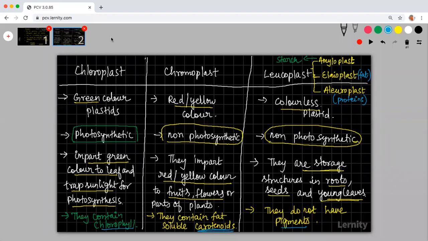Red, blue, and green are the 3 major colors. Proto means something primitive. Plastid means plastid. So something which is a precursor to plastid is called protoplastid.